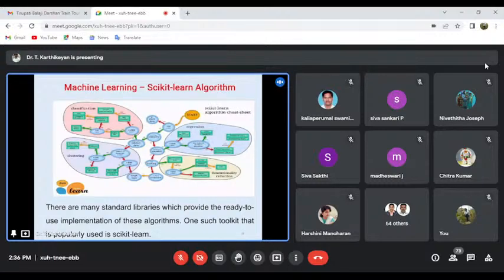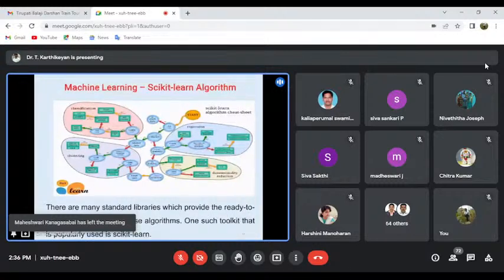You can safely use them in our artificial intelligence applications also. Most of these libraries are free to use, as I said, so we can use this algorithm for commercial purposes also.